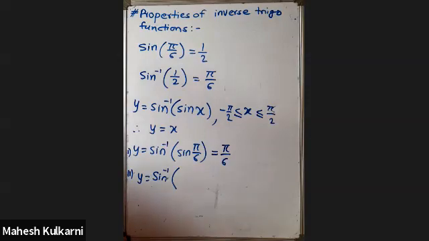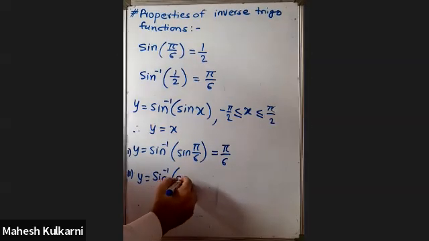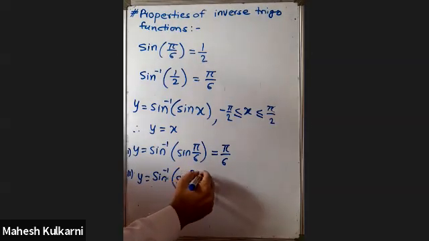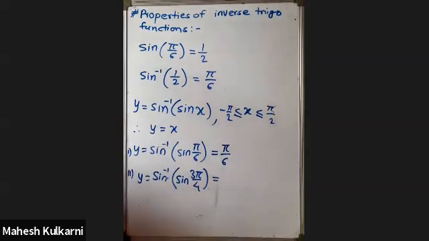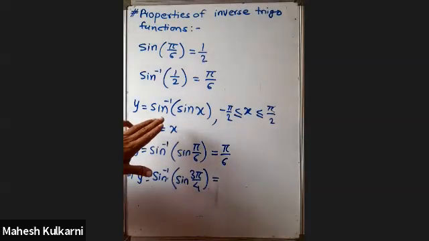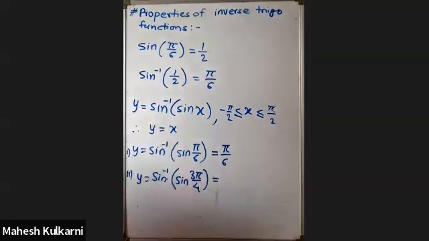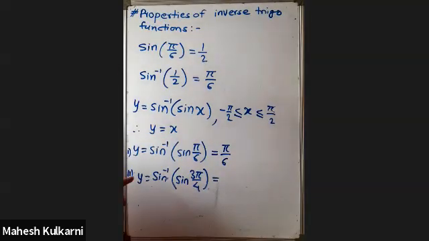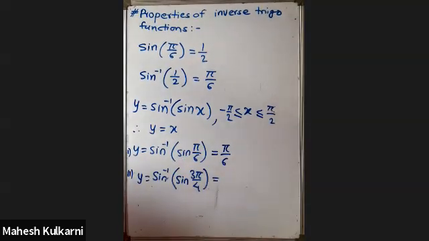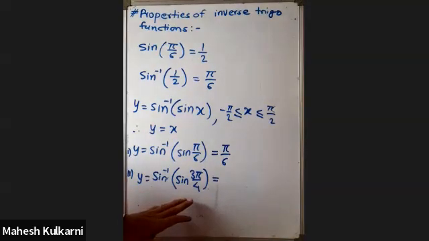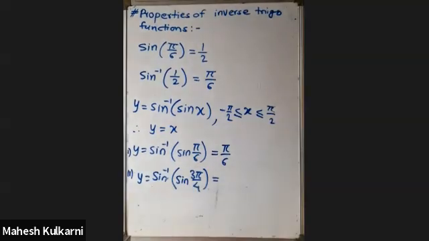If it is sine inverse of sine 3 pi by 4, what is the property? Sine inverse of sine x is x. So sine inverse of sine pi by 6 is pi by 6. But sine inverse of sine 3 pi by 4 is not 3 pi by 4.